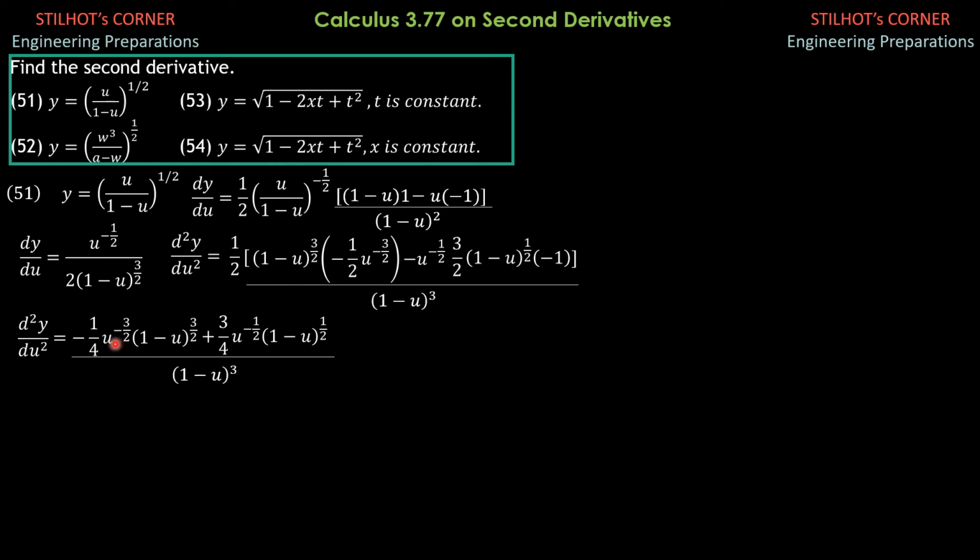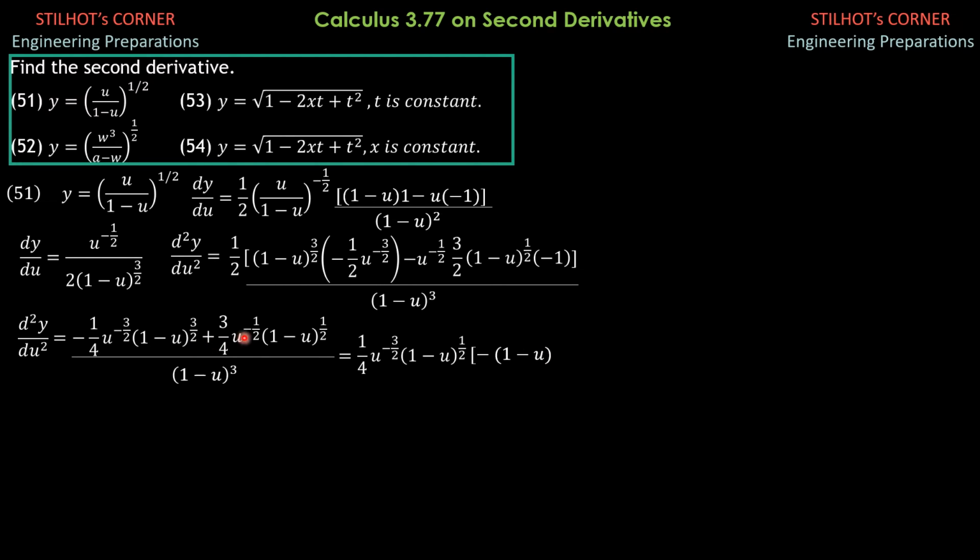So let's factor out common factors in the numerator, which is 1/4. Let's make it positive, u to the negative 3 halves, then 1 minus u to the 1 half. So let's just have this as the common factor. Then the first term divided by this common factor would be just 1 minus u to the 1, but it's negative because we factor out negative of 1 minus u quantity to the 1.